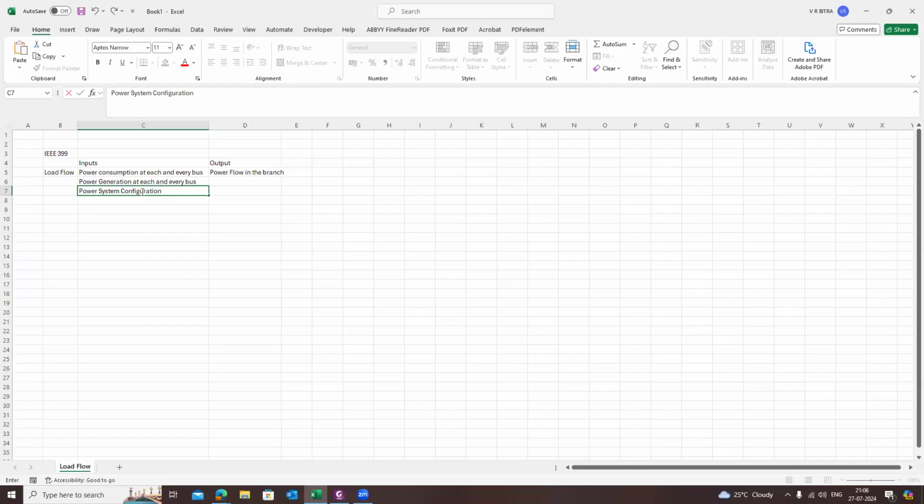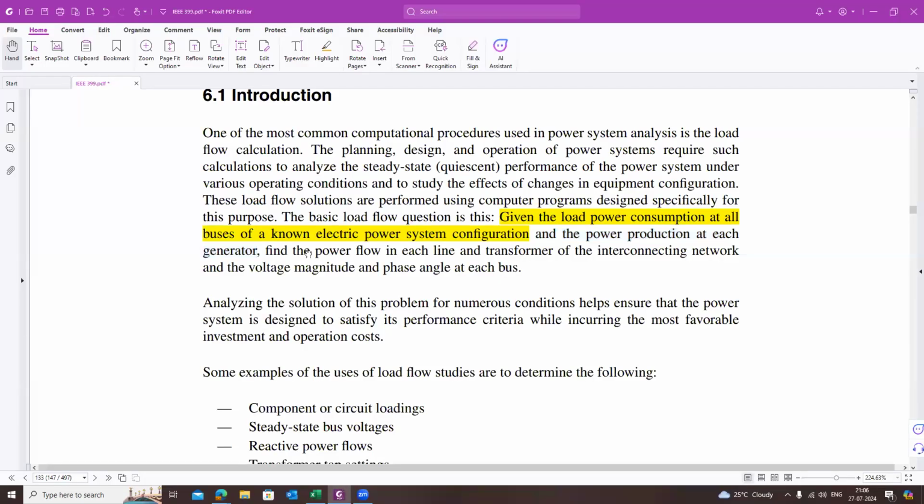It means which breaker is open, which isolator is closed, whether the transformer is in service or out of service, whether the capacitor bank is in service or not, whether the reactor is in service or not. So you should know the configuration, which equipments are in service and which are out of service.